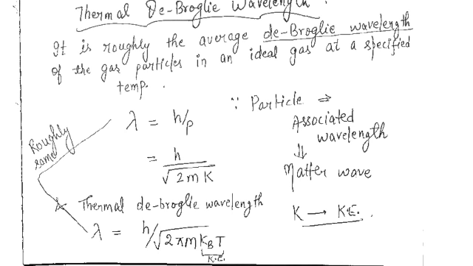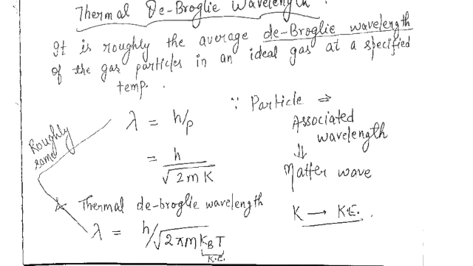I am assuming here that you have done the basic concepts of the gaseous state in your previous classes. So this came from there. Also we used to study it in physical spectroscopy. But I am assuming that you have done these basic concepts in the gaseous state. So kBT is the average kinetic energy.